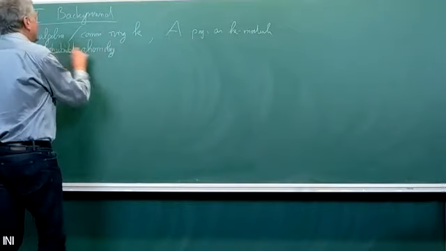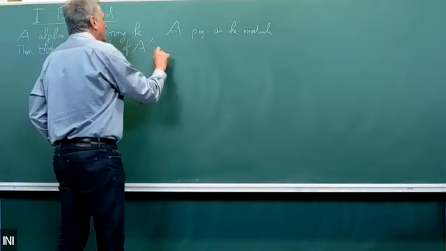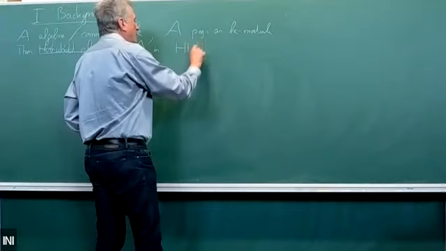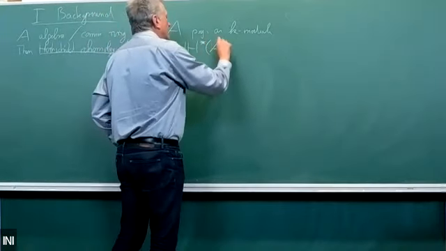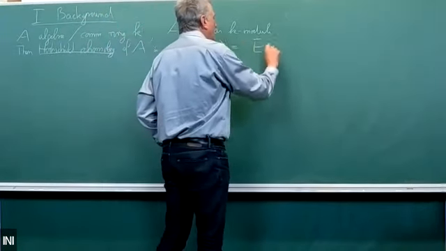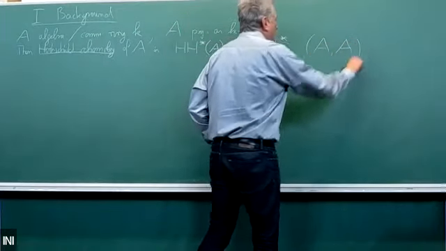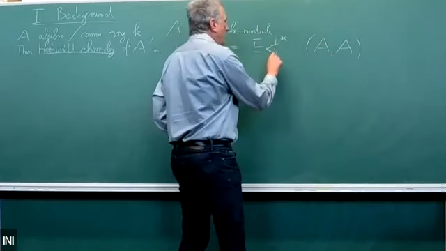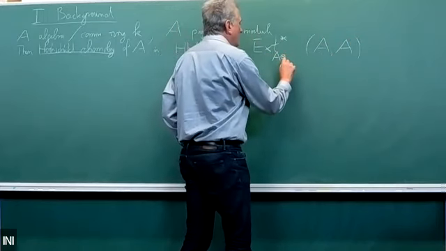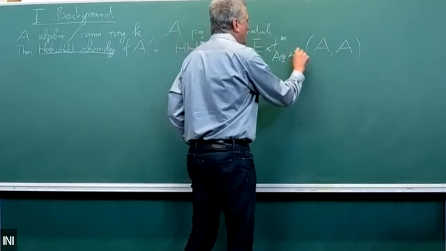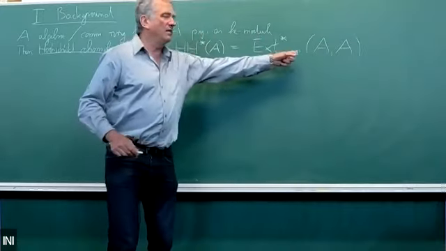The Hochschild cohomology of A is denoted by HH*(A), and it's simply the Ext algebra of A itself regarded as a bimodule. That is, A acts on it by left multiplication and A acts on it by right multiplication, which is why I'm putting an opposite here.